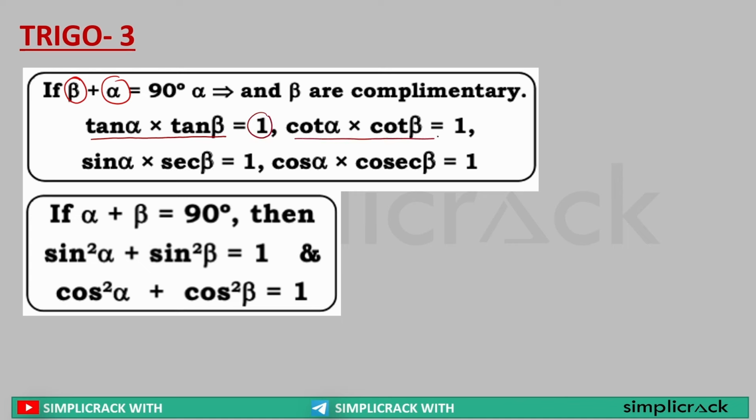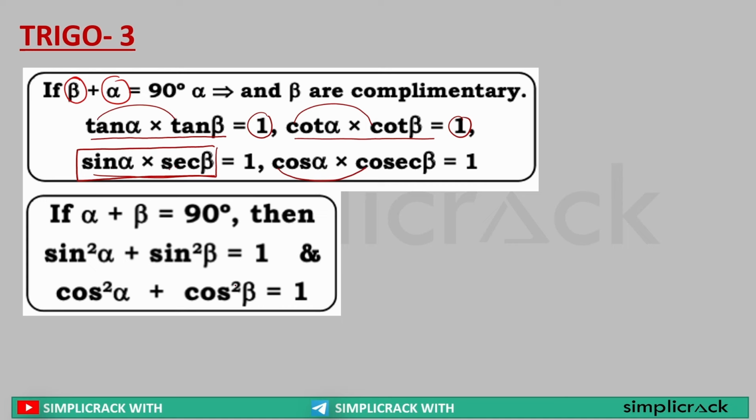Cot alpha into cot beta will be 1. Sin alpha into sec beta. Understand this. Tan cot was 1. Here sin sec, or cos cosec. Tan cot 1, sin sec 1, cos cosec 1, and alpha plus beta should be 90 degree.